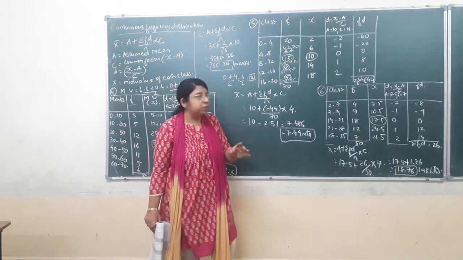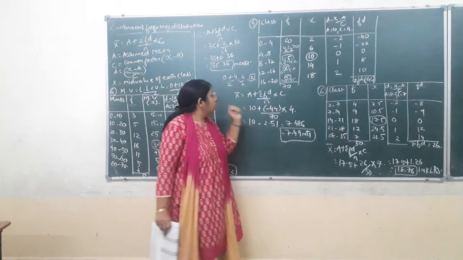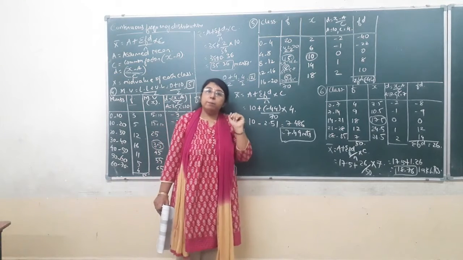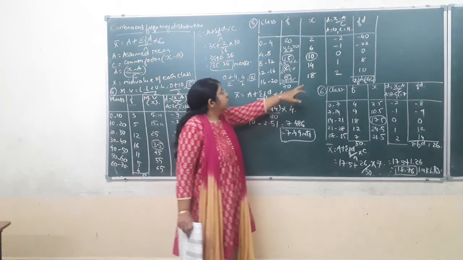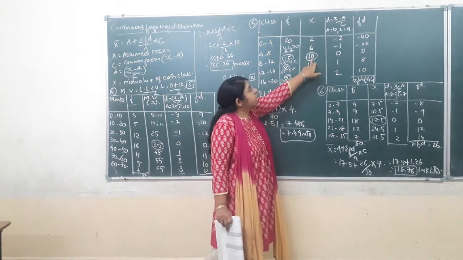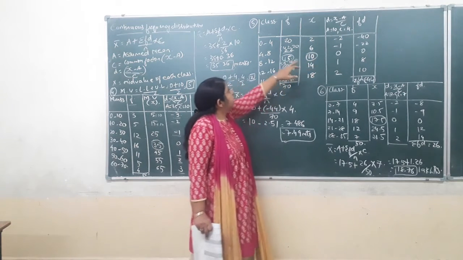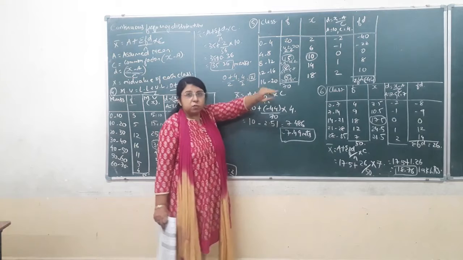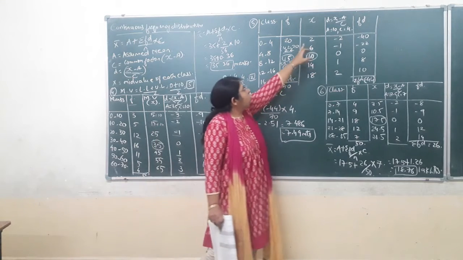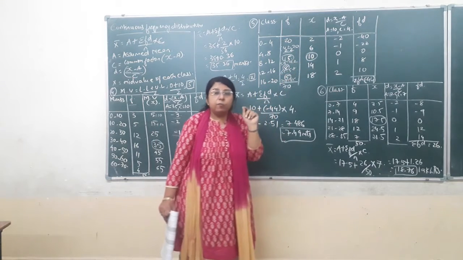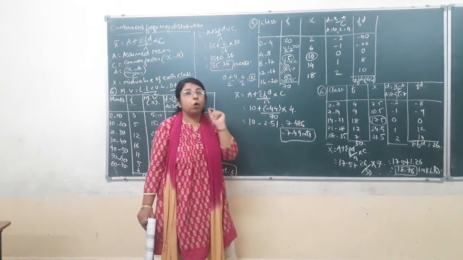There will be no mistake in the answer. Ultimately, the value of x bar will come the same. Here I have taken a as 10 and c as 4, because the class length is 4, and each value of x will be divisible by 4 after subtracting a.